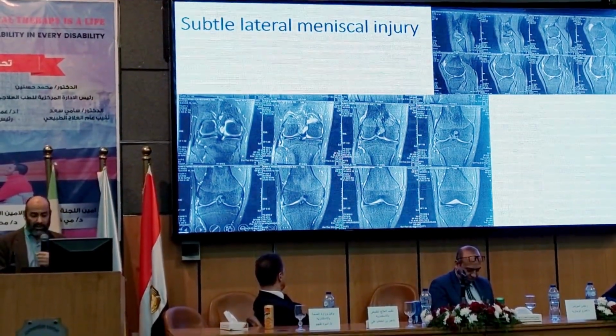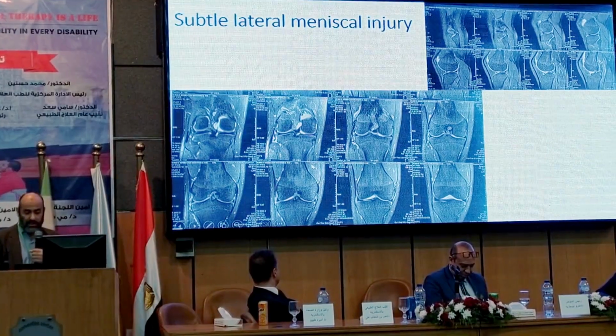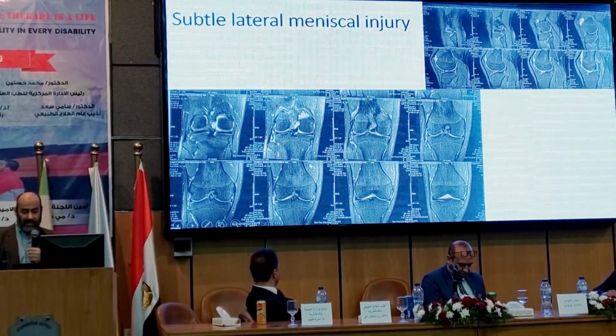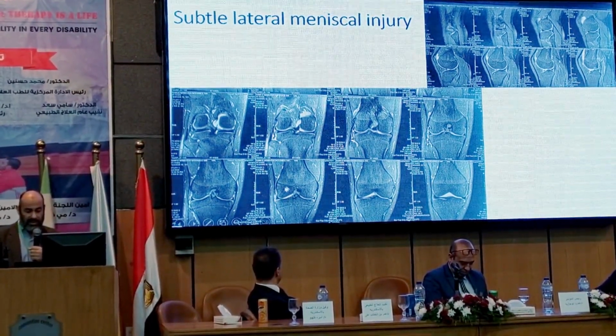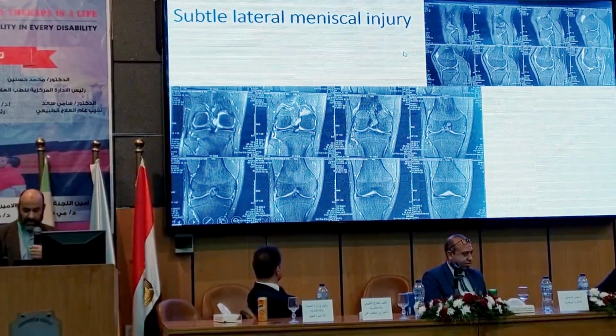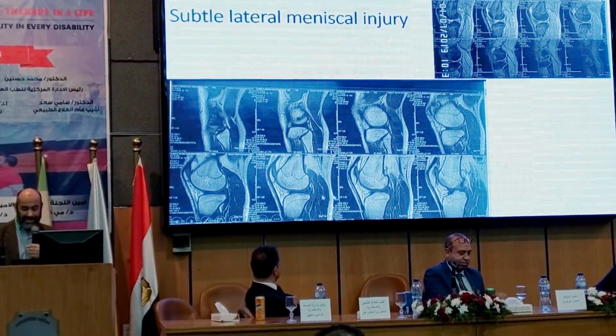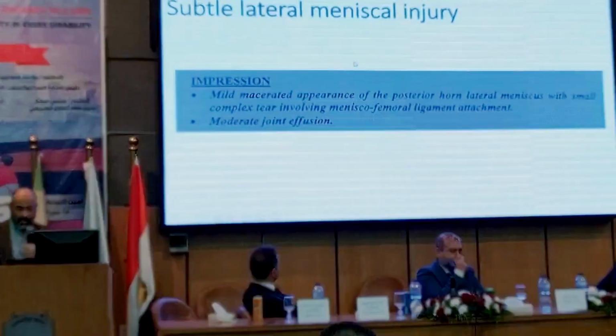Even with MRI, the injury is not there. We cannot find it. We can hardly find an injury on the lateral meniscus, as you can see here and there. This is the vertical cuts, and this is the rest of the cuts. You can't find it easily.